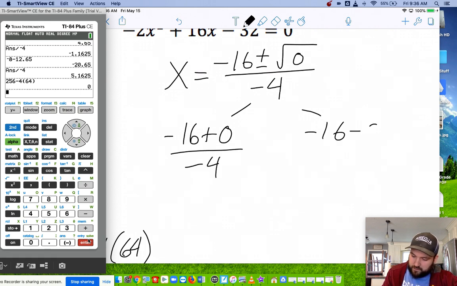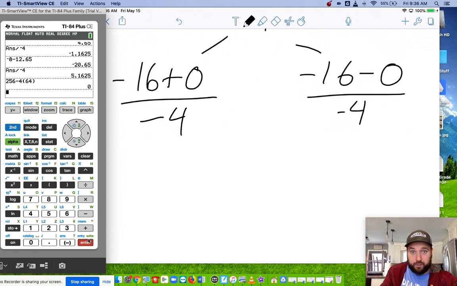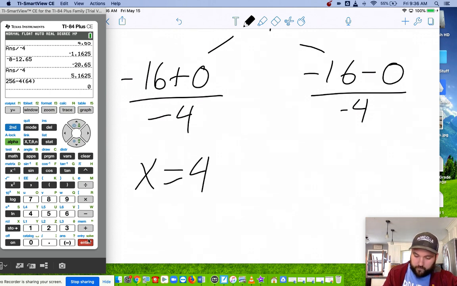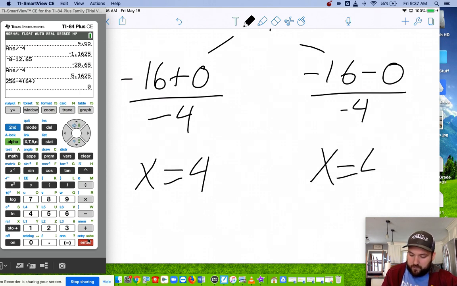And I can't forget the minus version. But here's why we say there's only one solution. If I do negative 16 plus 0, it's negative 16, divided by negative 4 is going to give me 4. If I do the other one, negative 16 minus 0, again, I'm subtracting 0, so it's still negative 16. And then I divide by negative 4, and I'll get positive 4 here.